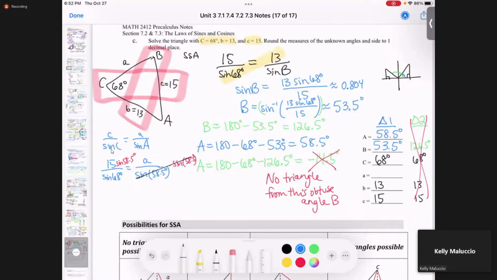And then I'll get that little a is approximately equal to 15 sine of 58.5 degrees divided by sine of 68 degrees. And I get about 13.8. That makes sense because my other sides are 13 and 15. So yeah, seems like that could be in the ballpark. It doesn't seem unreasonable.